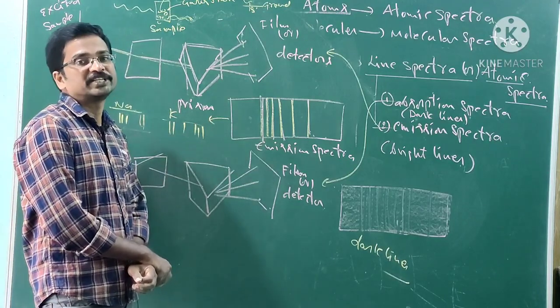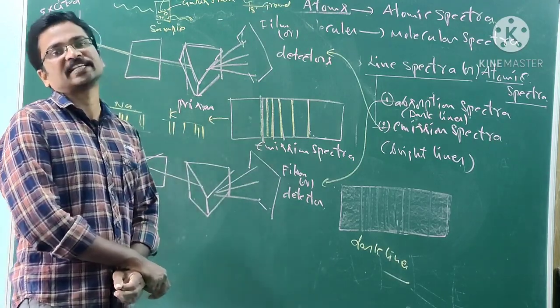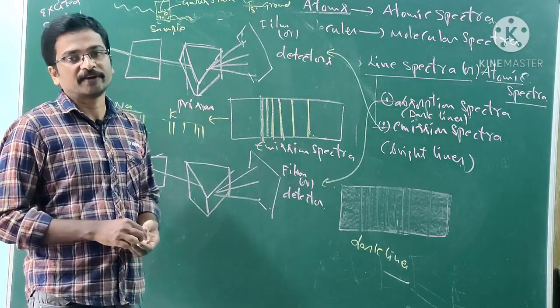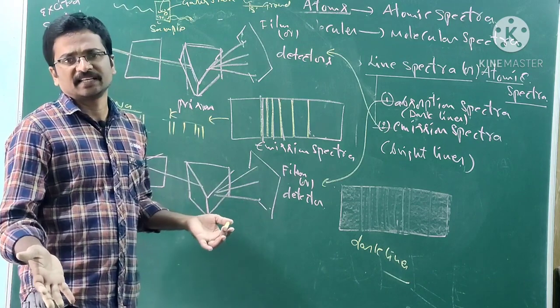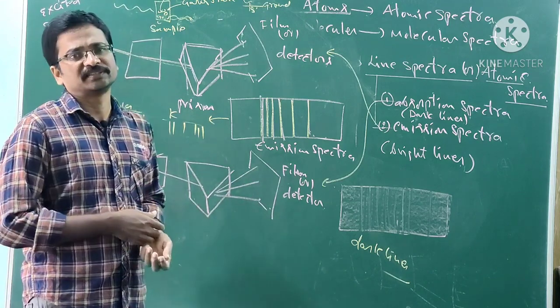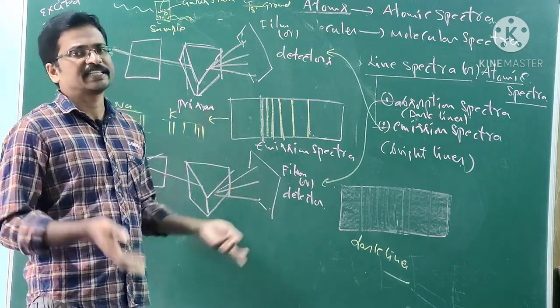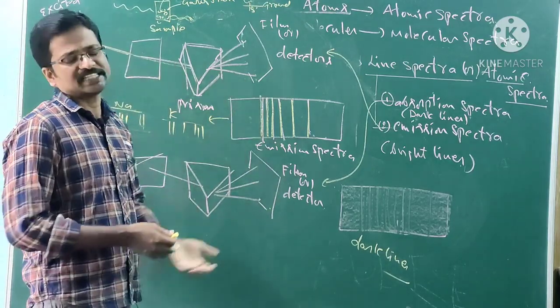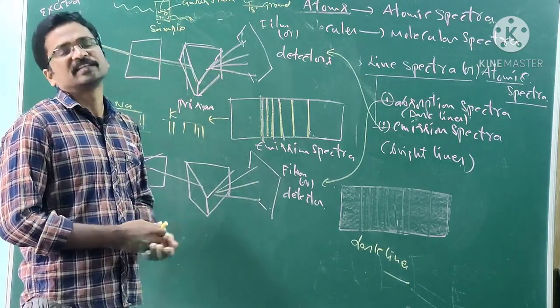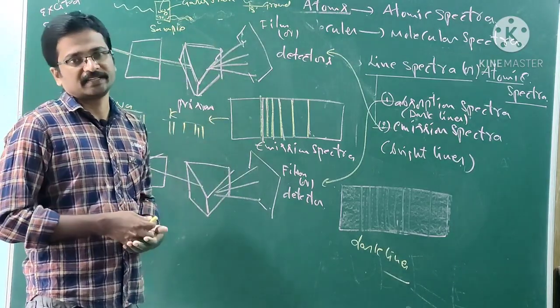This can help scientists find out whether our earth contains such a metal or not. You take the sample, do this experiment, get the emission spectra, then compare it to the previous history.